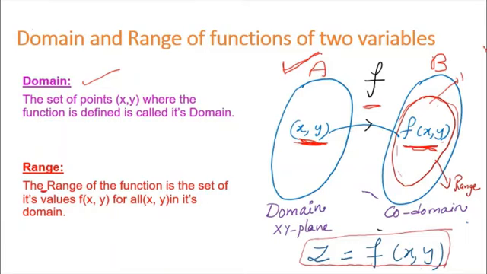Whereas the range of the function is the set of its values f of x, y, that means the images or outputs, for all x, y in its domain. The resulting set of all the outputs is called the range.